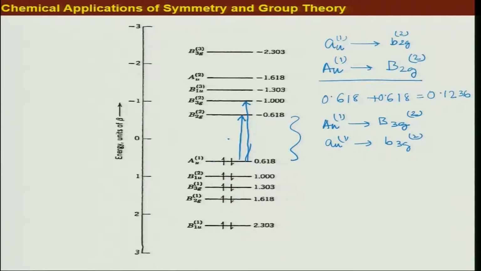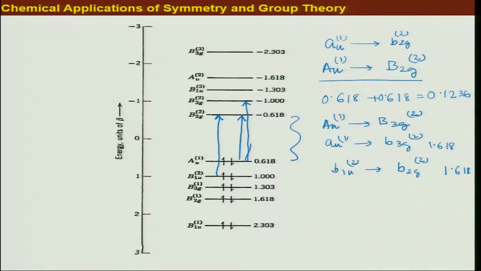So this transition will have an energy of 1.618, and I can think of another transition from b1u to b2g. That will also have an energy of 1.618. So both of them have almost similar energy.